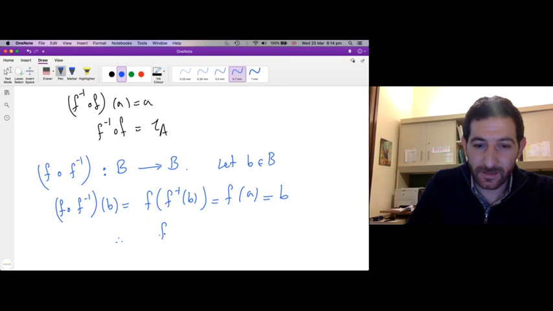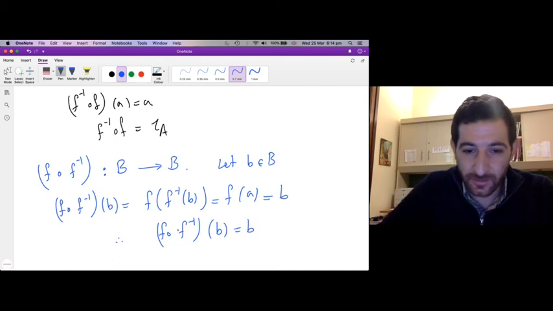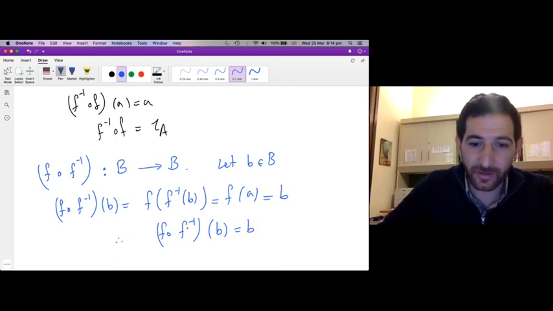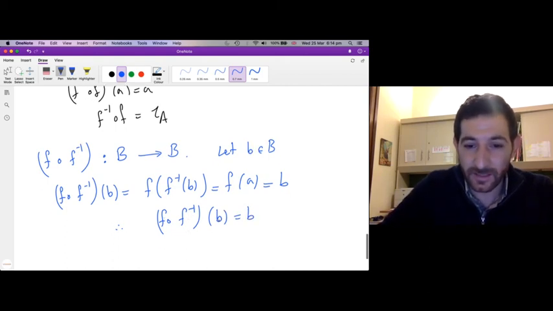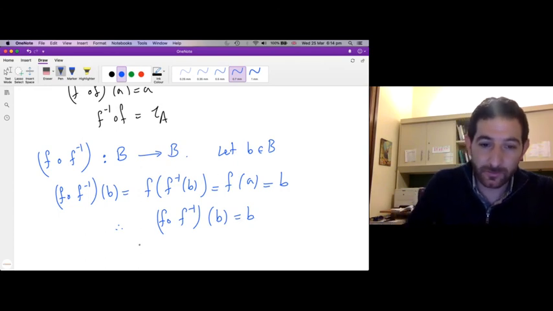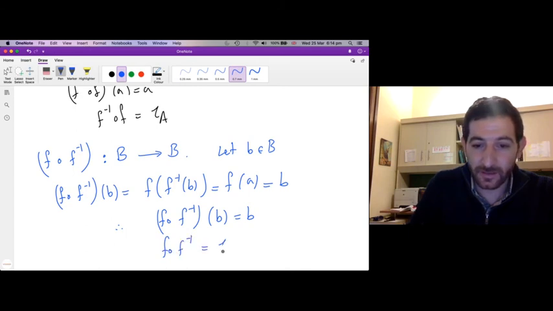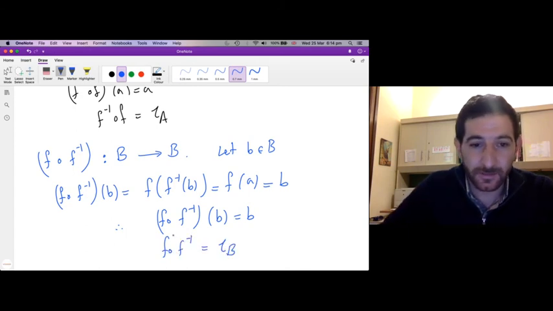This means that f composed with f inverse of b is b itself. So this new function, the composition of f after the inverse of f, takes an element b and produces the same element. And so this shows that f after f inverse is the identity function on the set B.